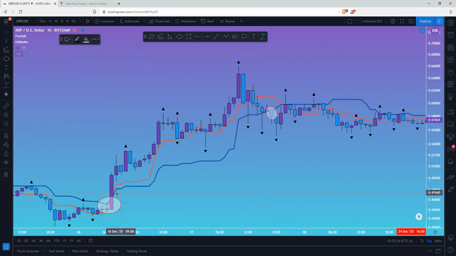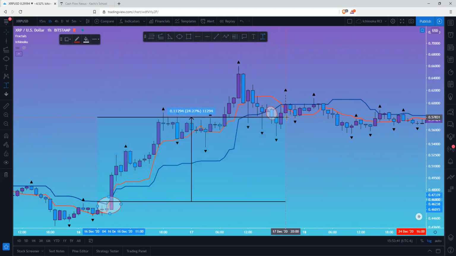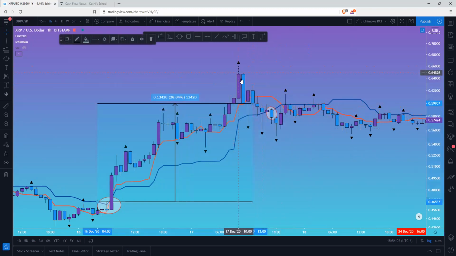I gave you the Kumo cloud answer, but Jacqueline would have been at the earlier candle. So you would have closed out with 24.27%, and you would have made at least 1,129 pips. Good job. And you could have got out sooner because of this price action right here.